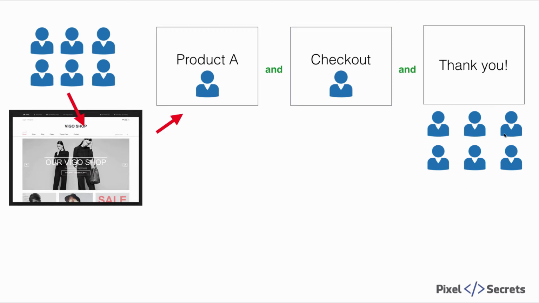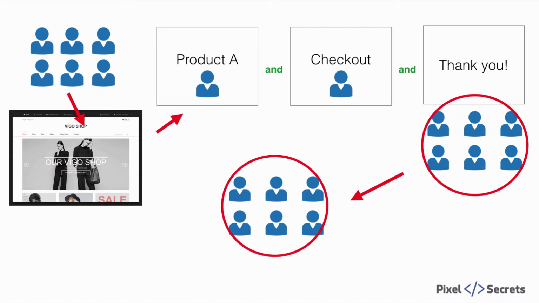Now, the genius in Facebook is that Facebook can take this group of people, and you would create an audience, right? So this is a group of people that have purchased from you. You create an audience. And then you say, hey, Facebook, show me a different audience that looks just like people who have purchased from me.